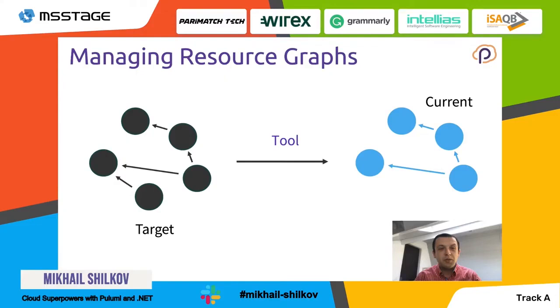Dependencies are important to figure out the exact execution order and what can happen and what can have effect on other resources. So in this example, our current state is missing one resource compared to target state, so the tool can compare them, figure out that there is a new resource to be created, and there is no obvious dependency on that resource yet, so it's a simple operation of just creating a new resource in this case.